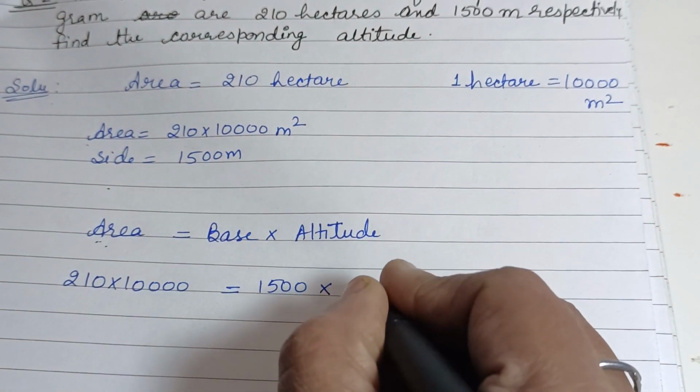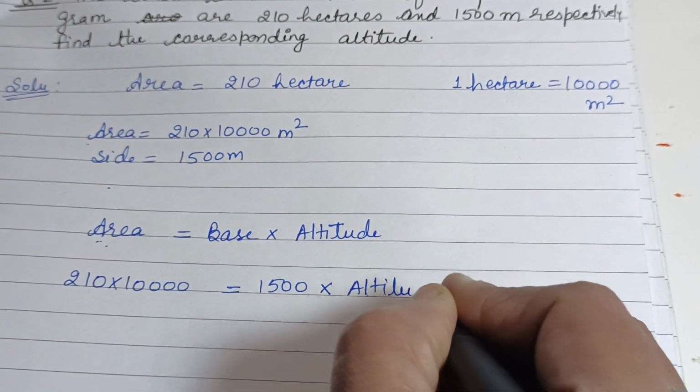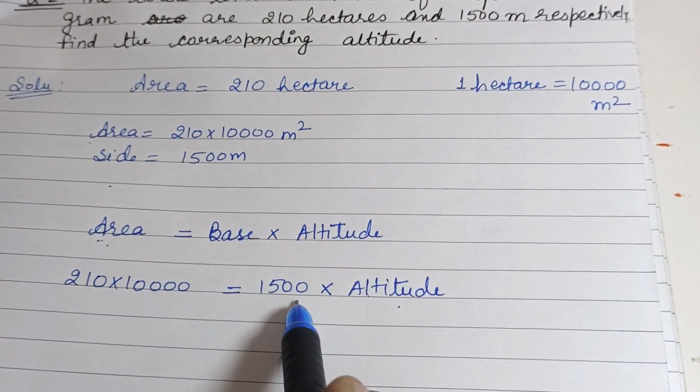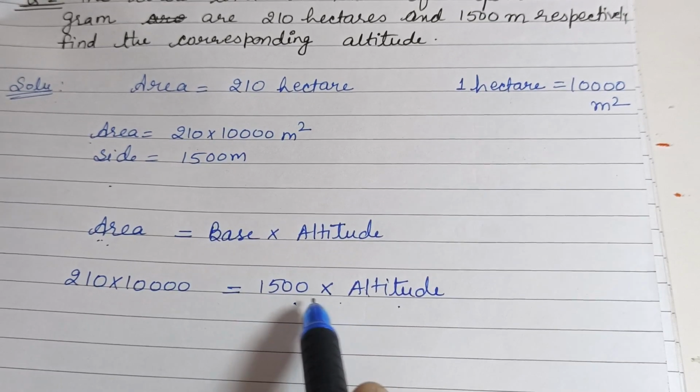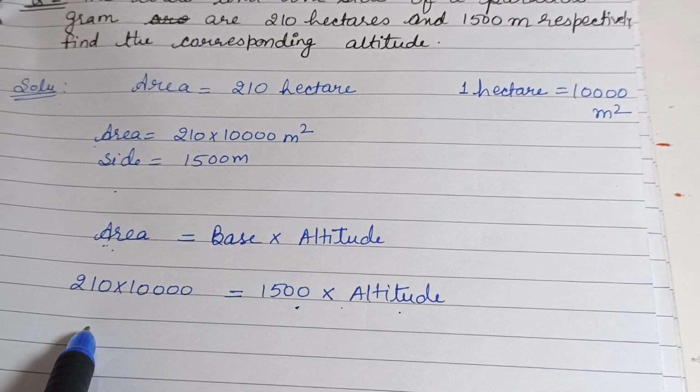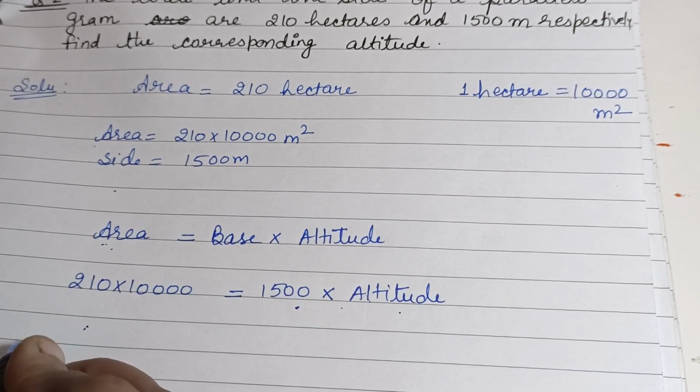Now do the transposition. I need to find the altitude. 1500 will be transposed from the right hand side to the left hand side. Here it is in multiplication, so on the other side it will be in division.